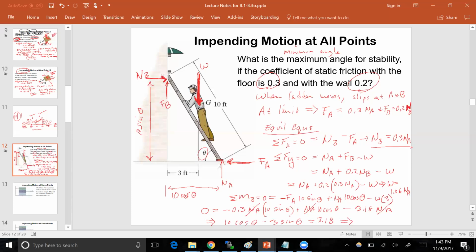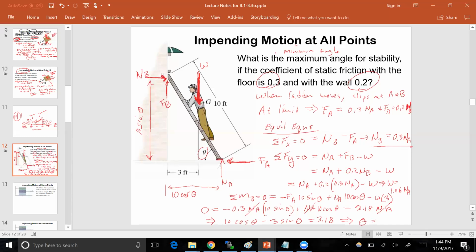You can solve that using a computer, or with guessing and checking. You can just try a range of angles and get closer and closer to the value of theta that makes that equal to 0. You can't really solve that using any trig formulas that I know of. But the answer when you do that is that theta is going to have to be 55.6 degrees.